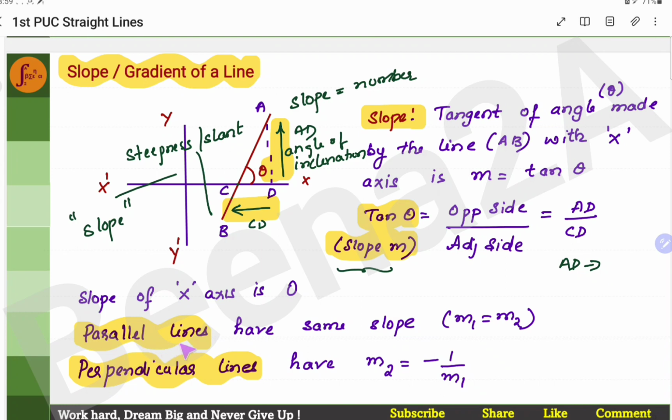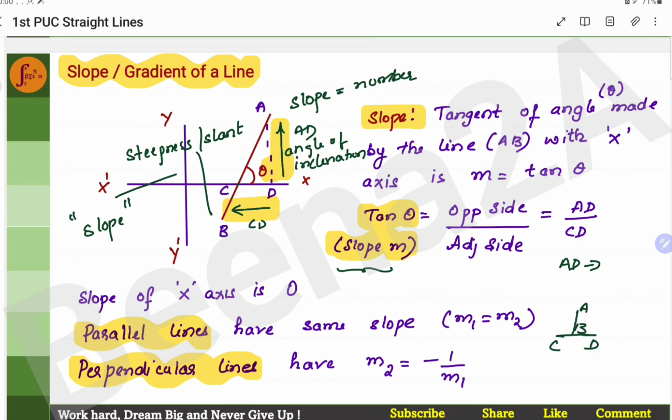Now another important concept in straight lines is parallel lines and perpendicular lines. In the case of parallel lines, when you have two lines parallel to each other, the slope will be the same. Say for example, these two are parallel lines. The slope of this line will be the same as the slope of this line. Now in case you have a perpendicular line, this is one line AB, this is one line CD.